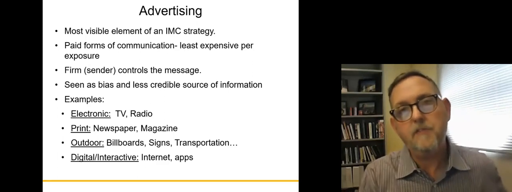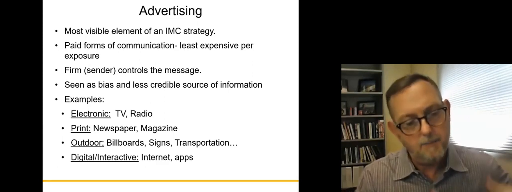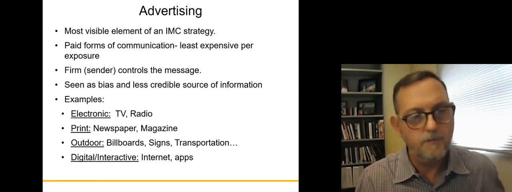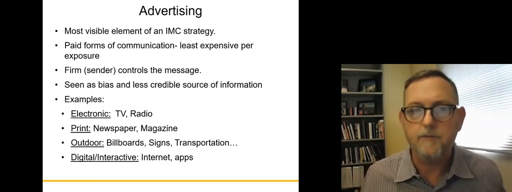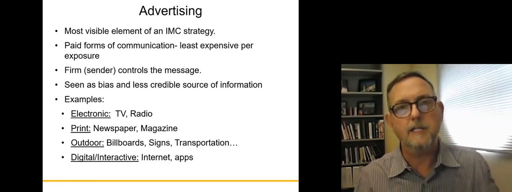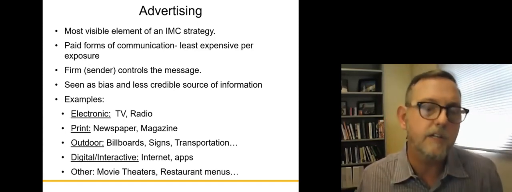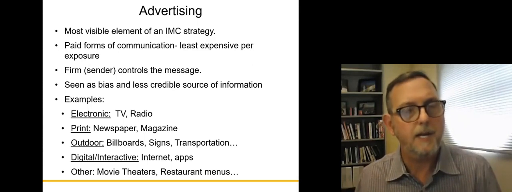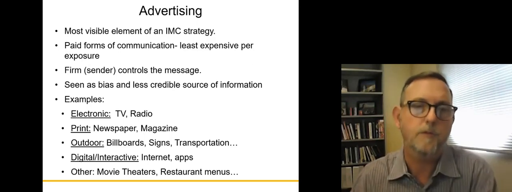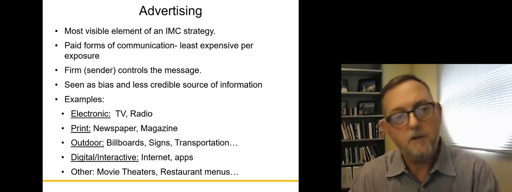Again, these are spots that we pay for that come up when people are in their everyday lives doing whatever they do. And so people see them in the context of their behavior, but it's a controlled paid ad that we've put out there for them.